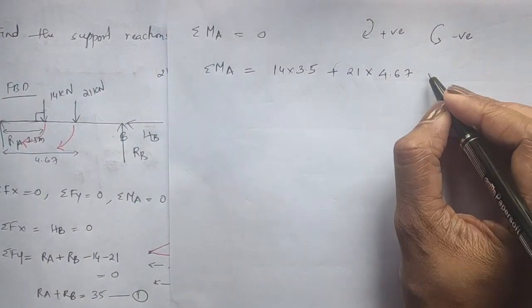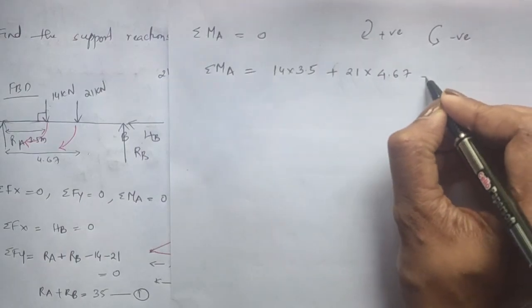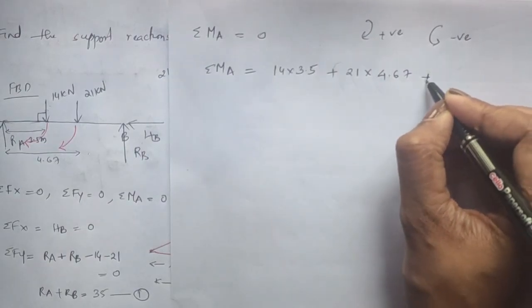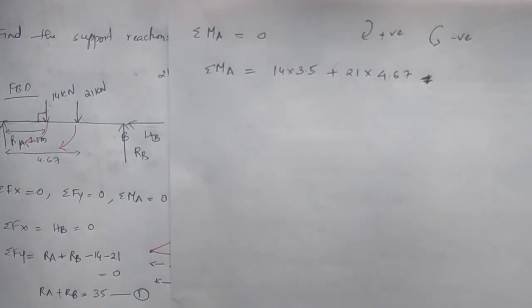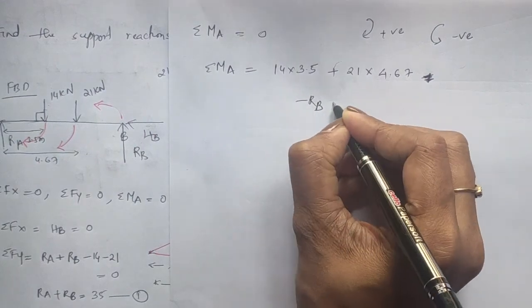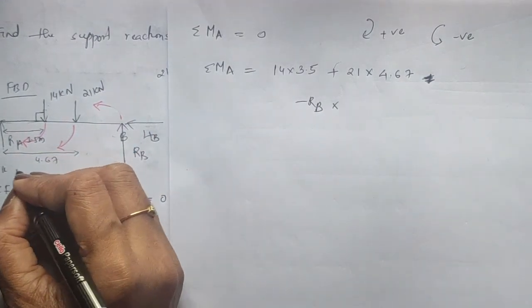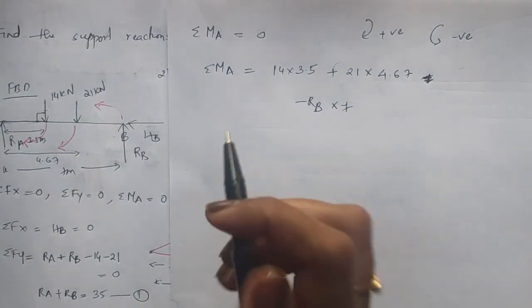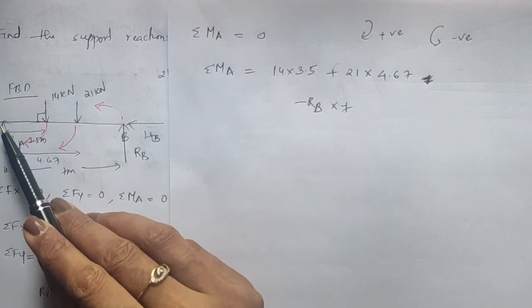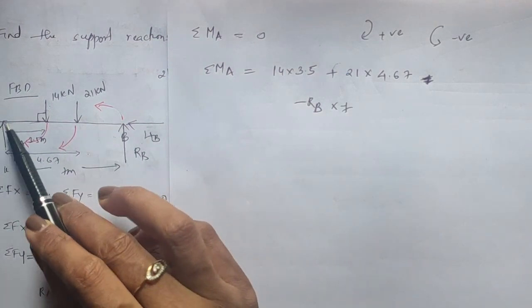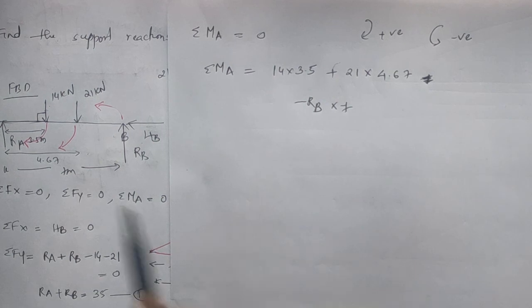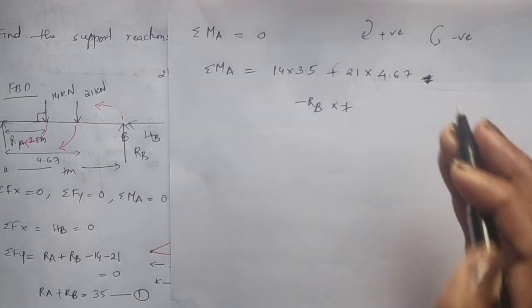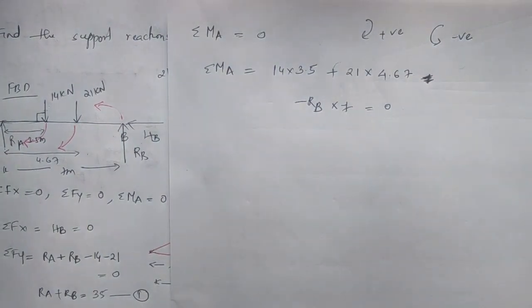The next one is RB, but RB you can see it is not plus, it is going anti-clockwise here, so I'll write it below: minus RB into the total length of the beam, that is 7 meter, into 7. And what about HB? Even though it is not directly passing through A, its line of action is passing through it, or there is no perpendicular distance between A and HB. It's actually parallel to the point. So it can be neglected. So you get the sum of moments equal to 0.